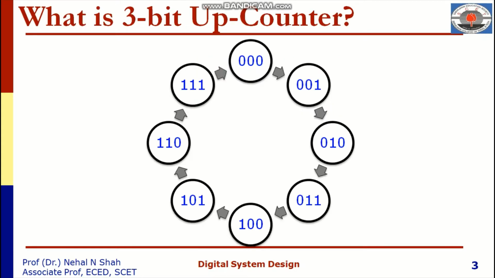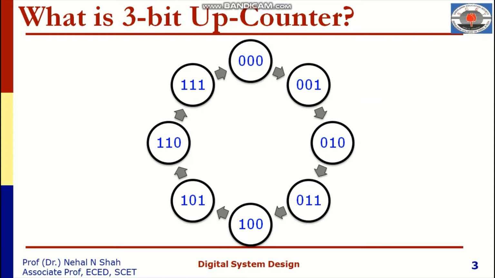In case of an up counter, you can look at this state diagram. Over here, 8 different states are there because 3-bit has 2 raised to 3, that is 8 combinations. So, on reset, the counter will start from 0, 0, 0.